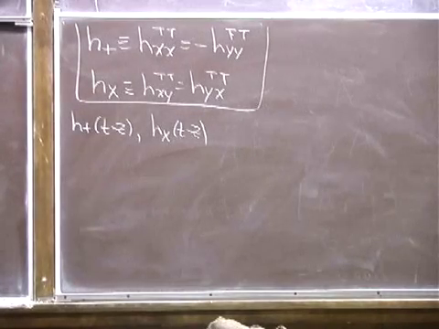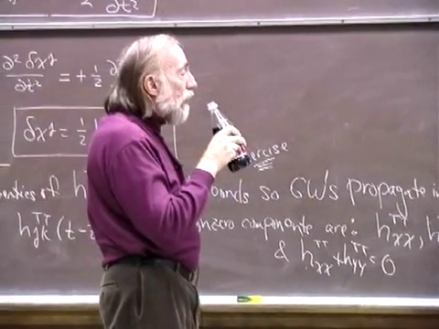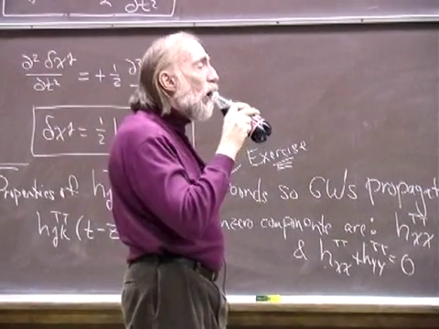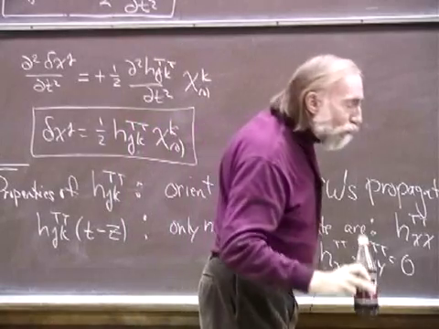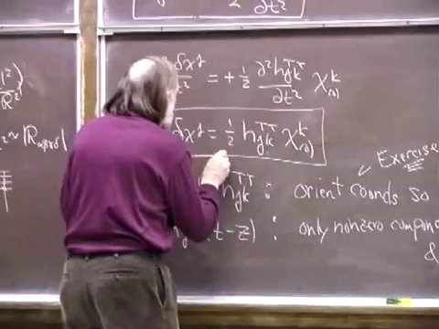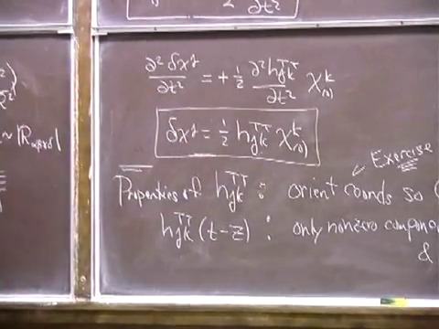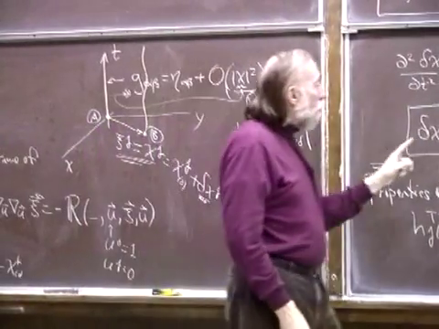So now I want to go back and look at what the equation of geodesic deviation says about the influence of H plus and H cross. So here is what it tells us. It tells us about the perturbation in the position of particle B induced by the gravitational wave.